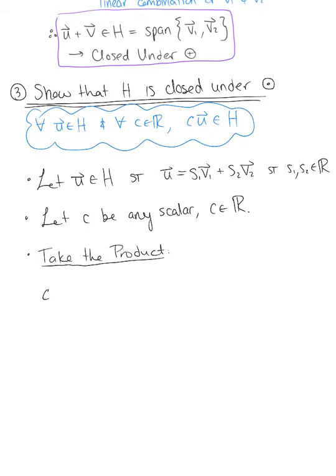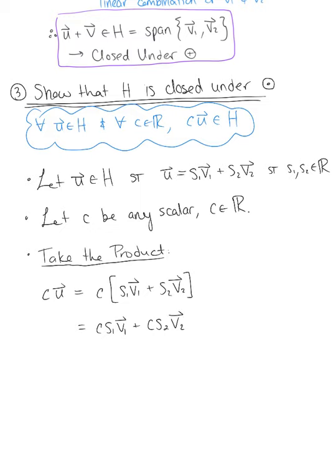So I have scalar c times vector u. So this is c multiplied by the linear combination s sub 1 times vector v1 plus s sub 2 times vector v sub 2. And by the distributive property here, we know that we can rewrite this as c times scalar s sub 1 times vector v1 plus c times scalar s sub 2 times vector v sub 2.